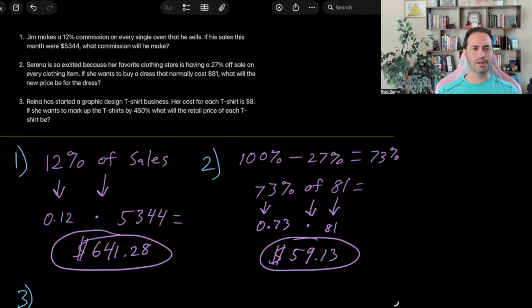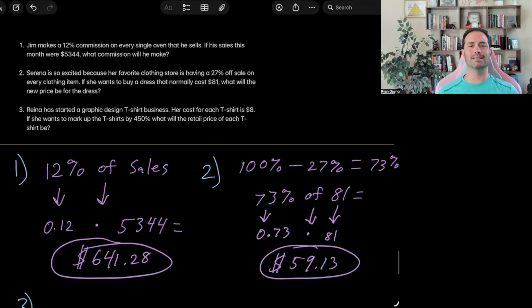Raina has started a graphic design t-shirt business. Her cost for each t-shirt is $8. If she wants to mark up the t-shirts by 450%, what will the retail price of each t-shirt be?